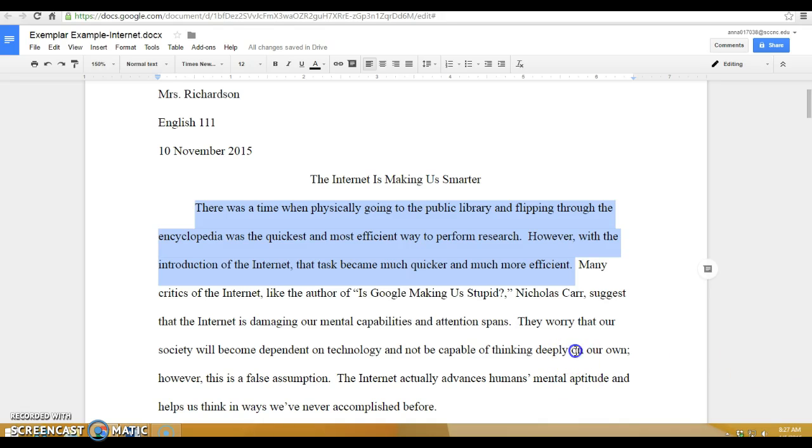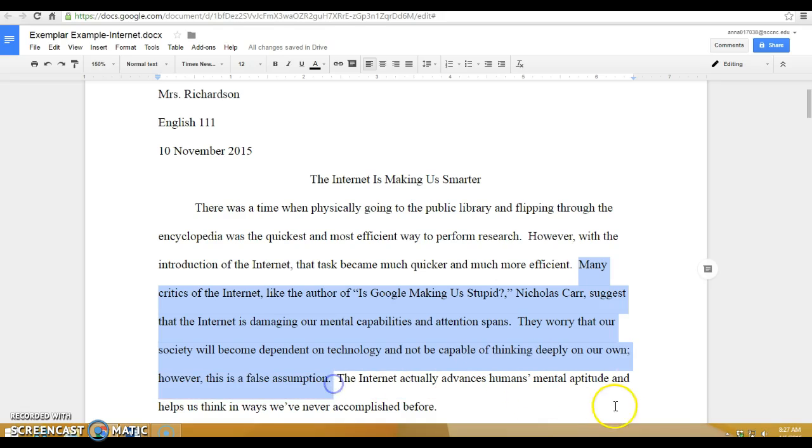Okay. The next part is going to be the background information. Okay, here it is. Many critics of the internet, like the author of Is Google Making Us Stupid, Nicholas Carr, suggest that the internet is damaging our mental capabilities and attention spans. They worry that our society will become dependent on technology and not be capable of thinking deeply on our own.